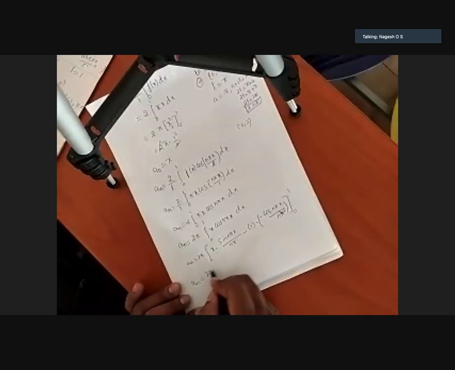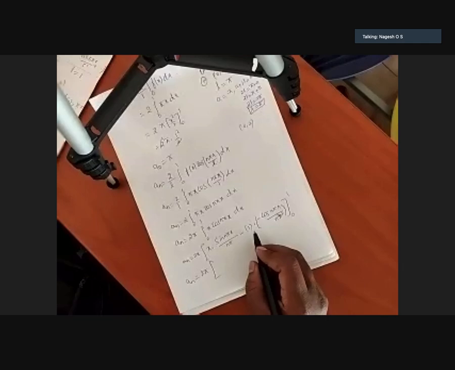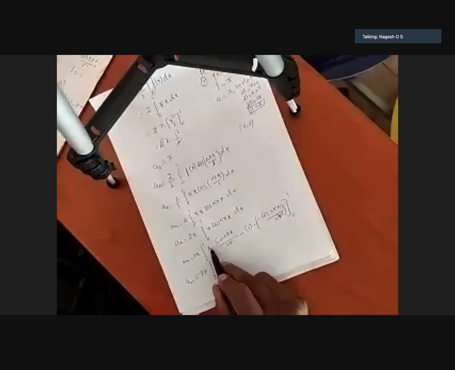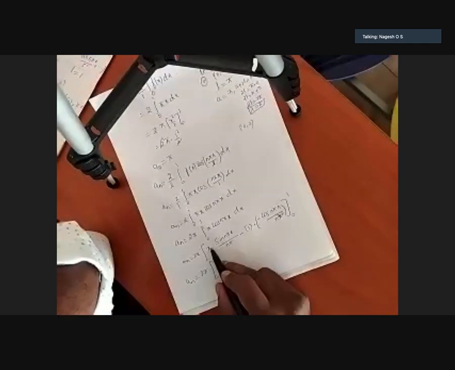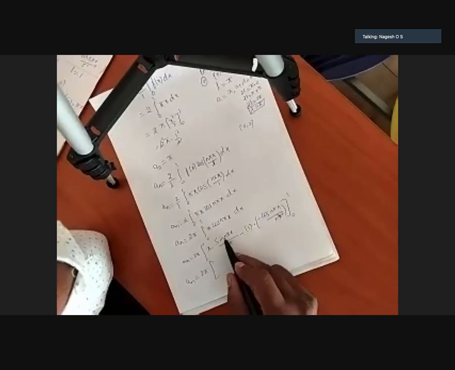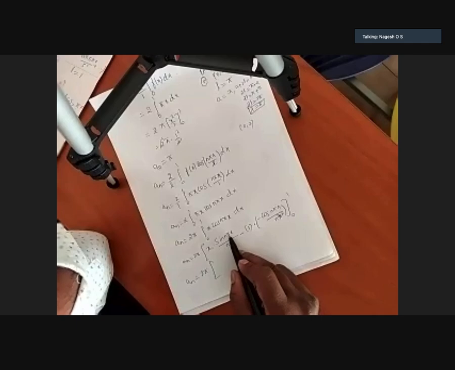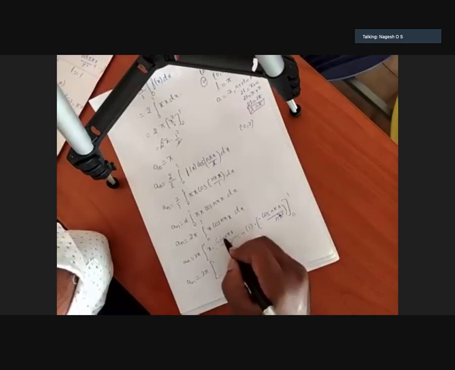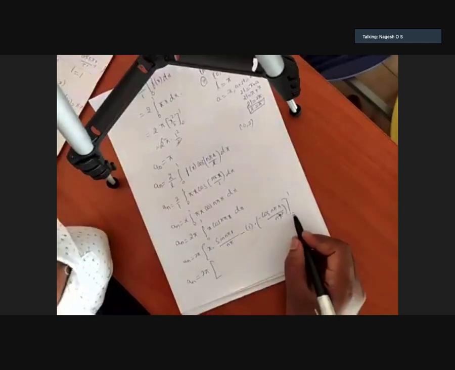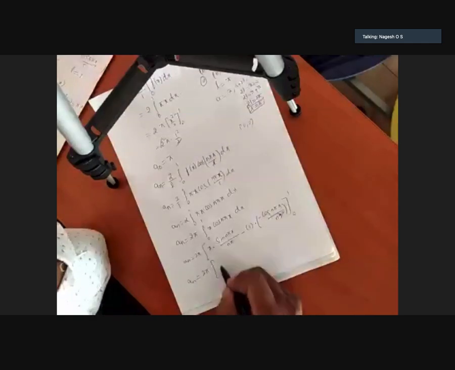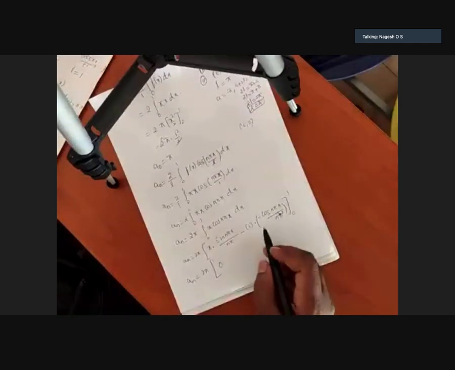An equal to 2 pi, upper limit. Substitute x as 1. Sin n pi is 0. Again, for lower limit, sin 0, 0. So this limit will become 0.